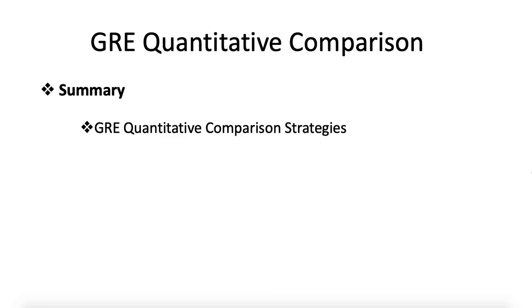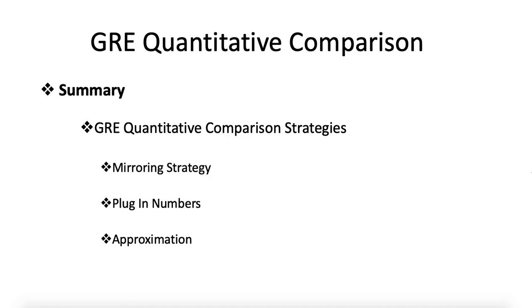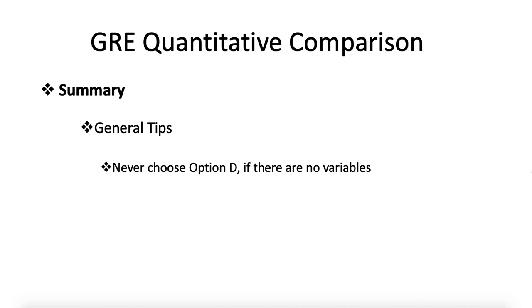Okay, so now a brief summary of what we have discussed so far. First of all, we discussed the quantitative comparison strategies. There are three strategies: the mirroring strategy, the plug-in number approach, and approximation. Then we discussed the general tips. The first one is never choose option D if there is no variable. Simplify the comparison.